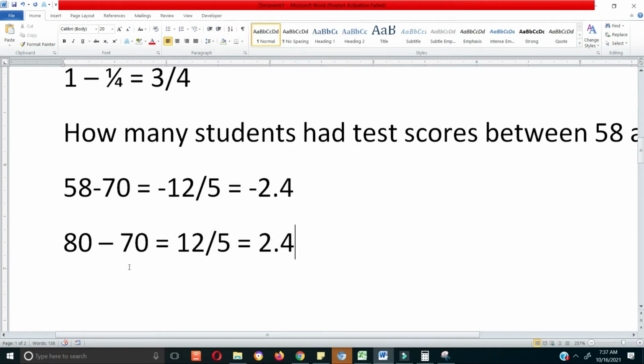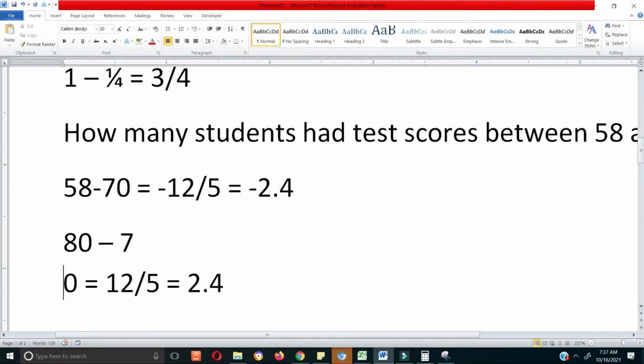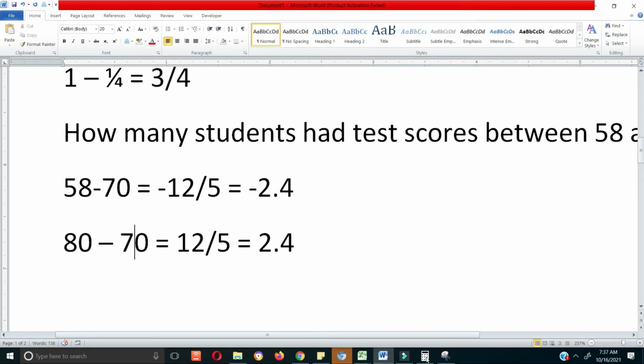So at least 82%, and if you round off, at least 83% of the students should be within this range, and so on and so forth.